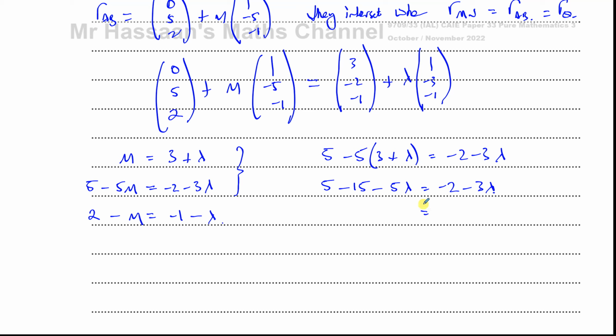If we bring the lambdas together, you have minus 3 lambda plus 5 lambda, which is going to be 2 lambda. And you have 5 minus 15, which is negative 10. Negative 10 plus 2 is negative 8. So you have lambda is equal to negative 4. So when lambda is negative 4, that's when they will intersect.